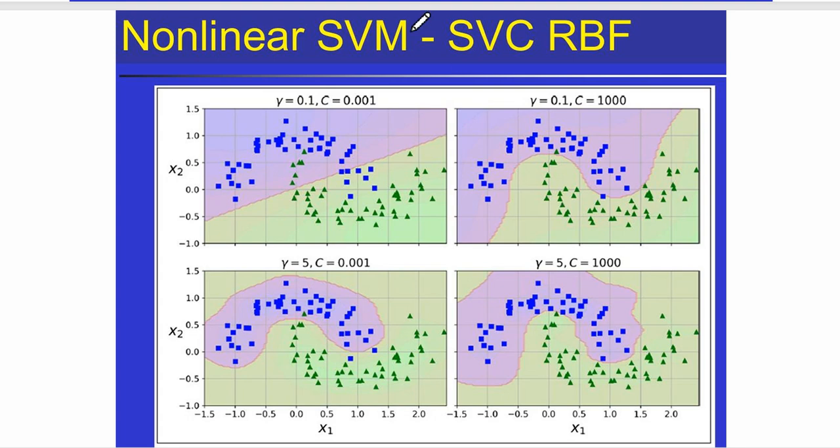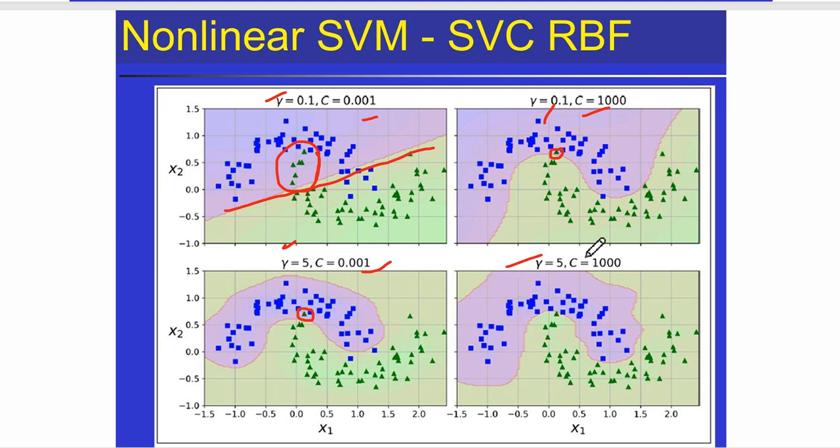Here we can see gamma equal to 0.1 and C equal to 0.001. It is separable by some hyperplane, but in this region we have both blue class and green class points. If gamma equals 0.1 and C equals 1000, in the blue class region also we have some green class points. If gamma equals 5 and C equals 0.001, here also we get some green class points in the blue class region.